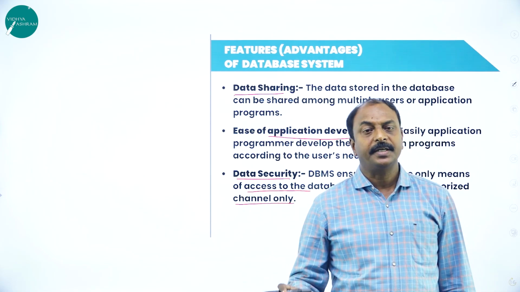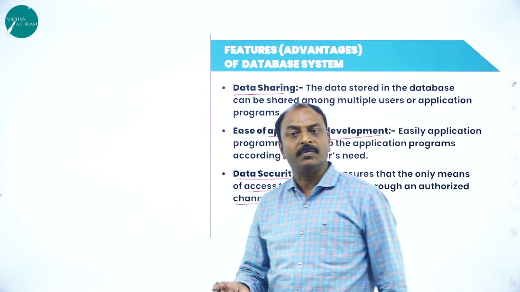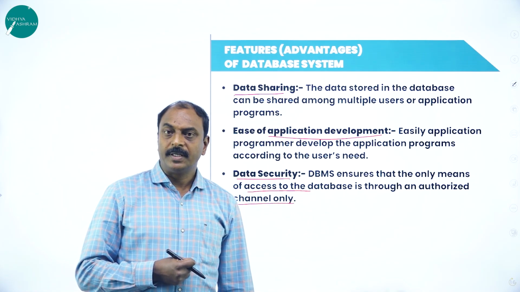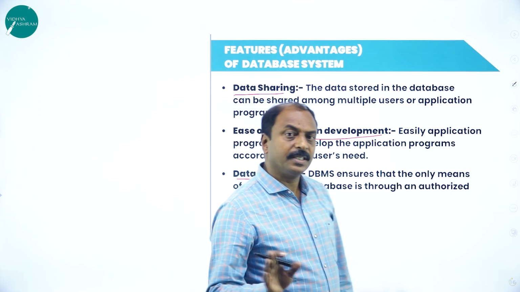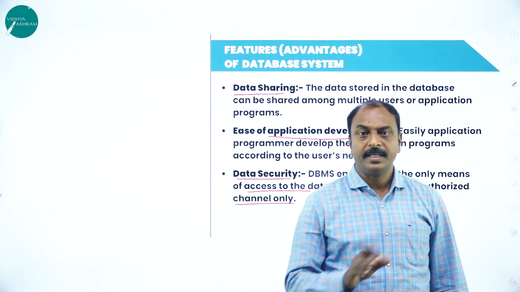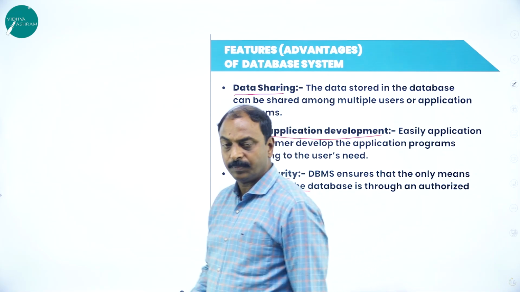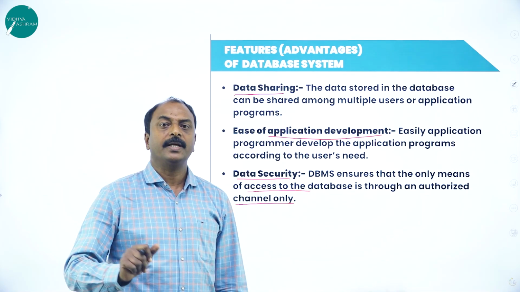Only he can access it, and he has not been given the rights to change the values in the data. He cannot change anything in the database, such as the name of an item, the rate of the item, or the price of the items. You can only use it for billing purposes.